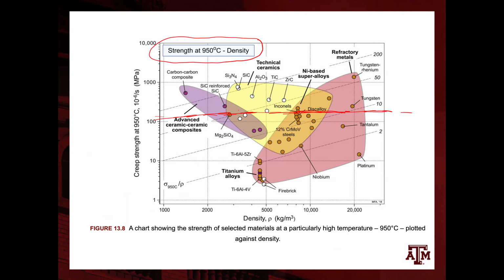Again, you can see some of what we call superalloys, technical ceramics and refractory metals. However, if we try to optimize against another important deciding factor, for instance the density of the material, so how heavy the material is, which of course is important for aerospace applications, then unfortunately many of those options would not satisfy both criteria.